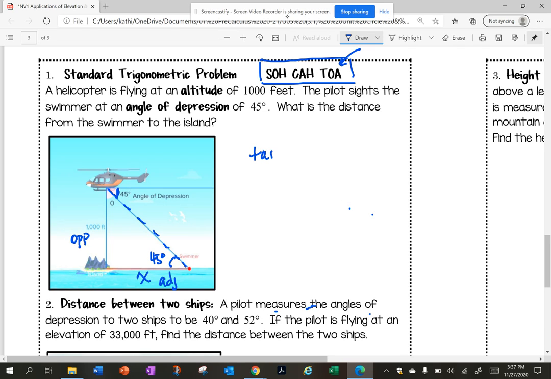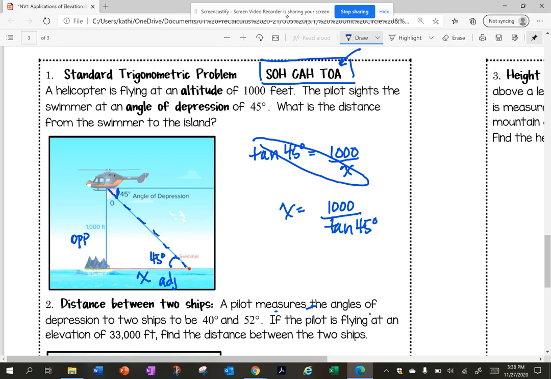So I'm going to set this up as the tangent of 45 degrees equals the opposite, 1,000, divided by x. If I cross multiply, I'm really switching tangent of 45 and x because they're in logically equivalent places. So x equals 1,000 divided by the tangent of 45 degrees.